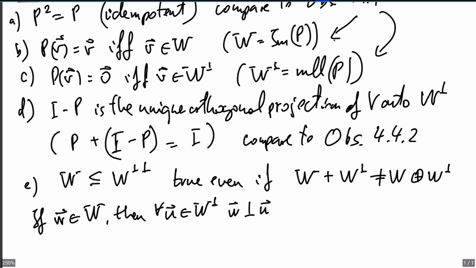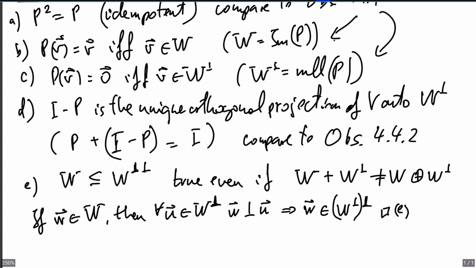But then by the definition of the double perp, so that's the orthogonal to the orthogonal subspace, that means that w is perpendicular to all W perp vectors, so that means that w is in the W perp perp subspace, or the subspace perpendicular to the subspace perpendicular to W. So this shows part E.